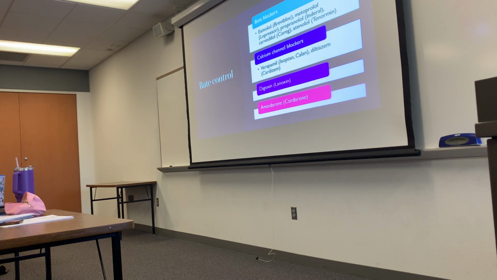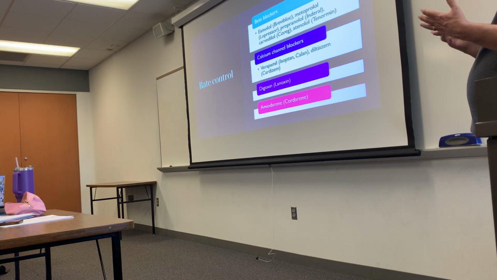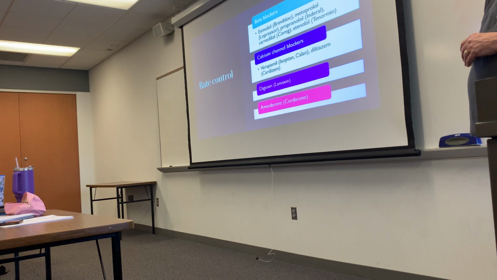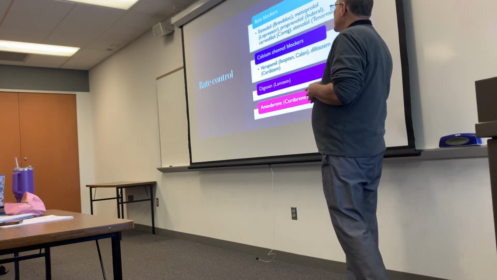Again, debate among cardiologists, some want a higher level in your bloodstream consistently. They don't want the drop, so they'll go with the tartrate. Others are like, no, I'm good with the once a day because I get better compliance. So it just depends on the cardiologist. Both are good meds, but you need to know which one you're getting, right? Bystolic is a new one that isn't up here. That works really well.